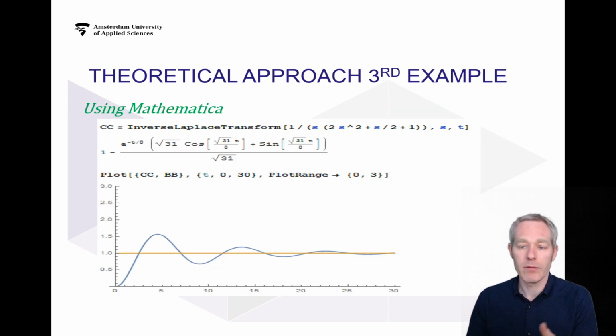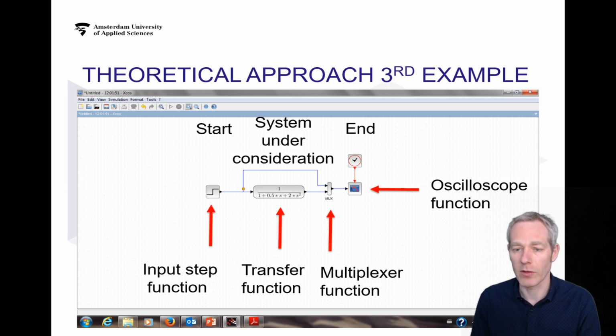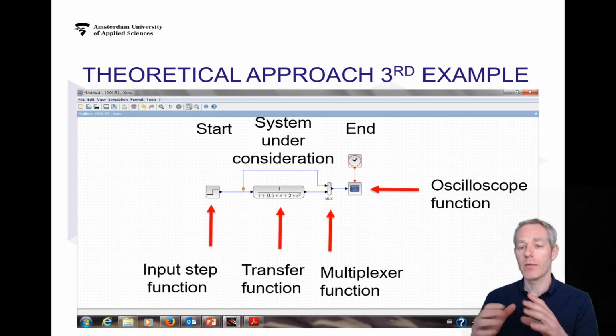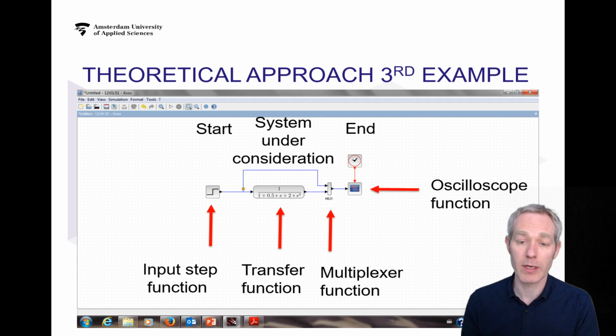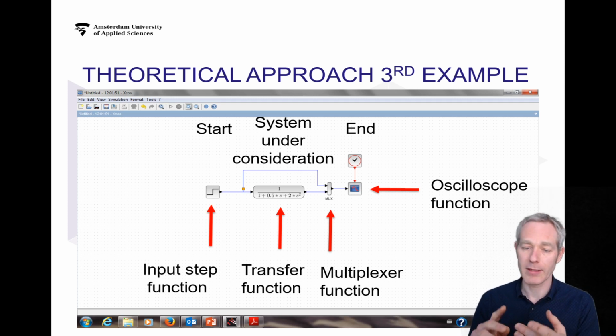In Mathematica, which we don't use, we can see what the step response is, but let's model this in Xcos. And we saw this before as well, where we have our input as a step function. We have the system under consideration, 1 over 2s squared plus 0.5 times s plus 1. And we want to look at the input, the step response, and the output.